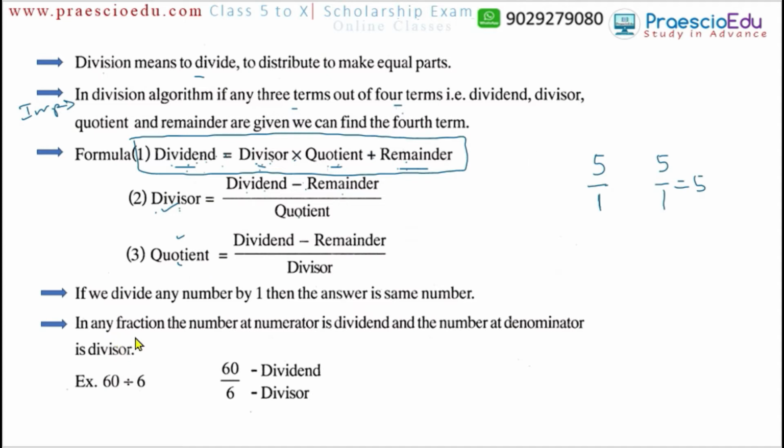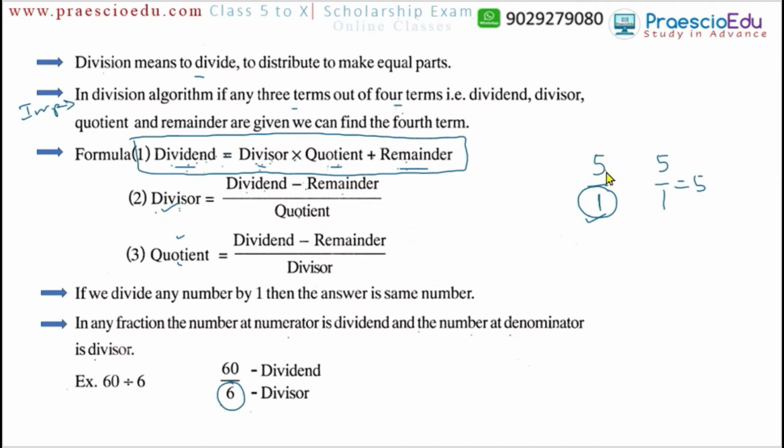Now in any fraction, the number at the numerator is divided by the number at the denominator, which is the divisor. So whatever the divisor is, that number is there. Here the 6 is the divisor, the denominator, and it is dividing the numerator in this way.